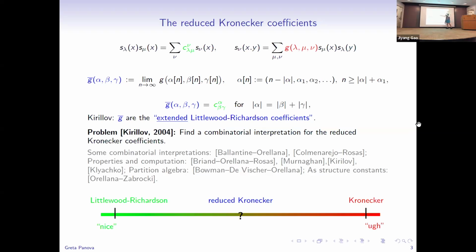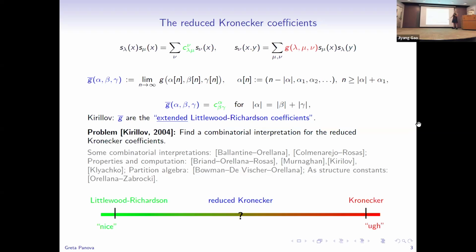In that case, if alpha, beta, and gamma add up to the same size, then you actually get the Littlewood-Richardson coefficients. Kirillov defined this. They are the reduced Kronecker coefficients, but he called them extended Littlewood-Richardson coefficients. And that was the other major open problem of Kirillov from 2004: where do they lie on the spectrum between the Littlewood-Richardson and the Kronecker?